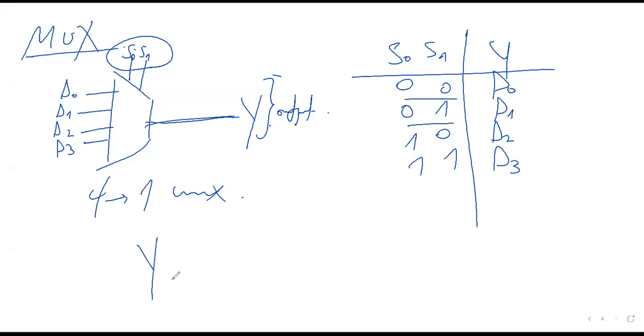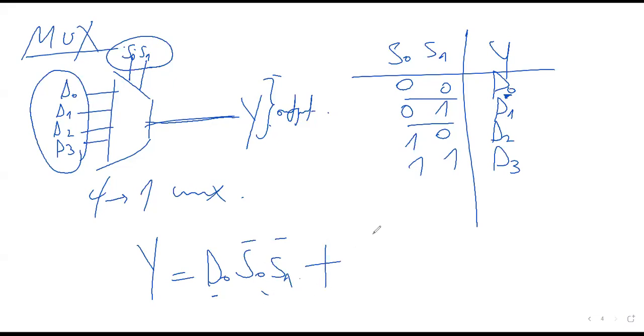Now, the output Y is the sum of all the inputs here. But how do I get D0? I have D0, S0 bar, S1 bar. I only get D0 when the selectors are 0, 0.